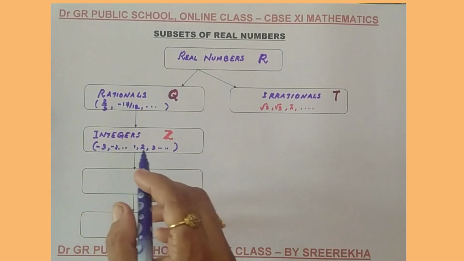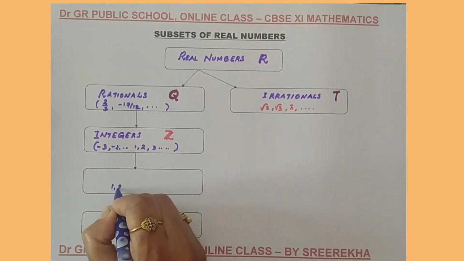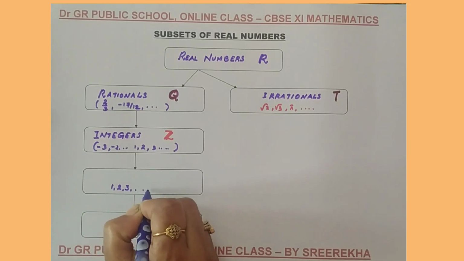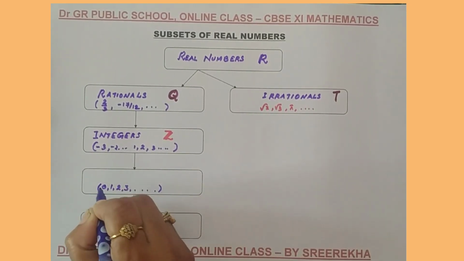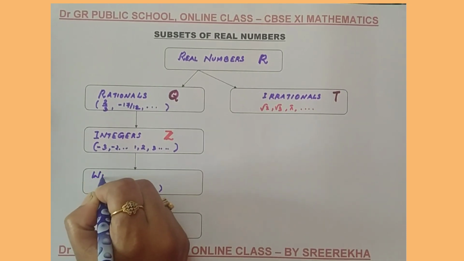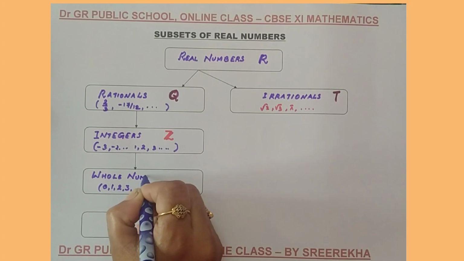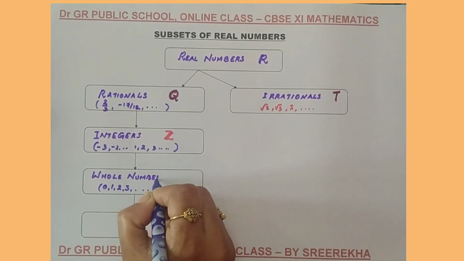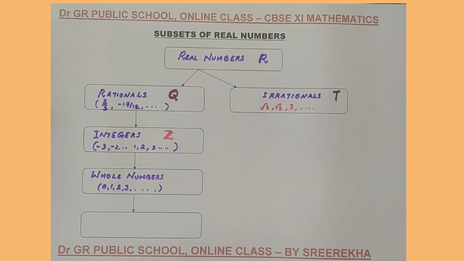Now, among the integers, if you take the positive integers 1, 2, 3, etc. along with 0, you can name it as whole numbers. This is also studied in lower classes. So whole numbers are a part of integers.